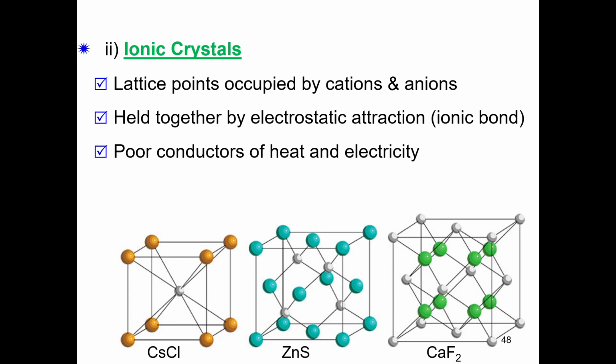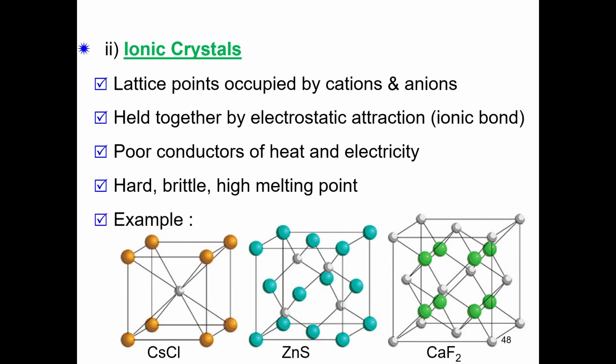Okay, dia adalah pengalir haba dan elektrik yang tidak bagus. And then it is hard, brittle, high melting point. Okay, keras, rapuh dan mempunyai melting point yang tinggi. So this is the example. Cesium chloride, zinc sulfate and calcium sulfate.